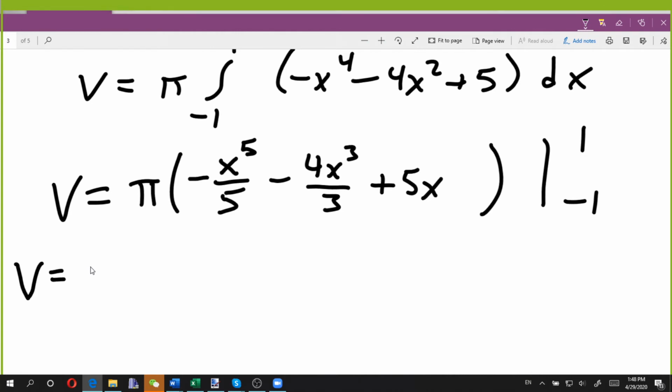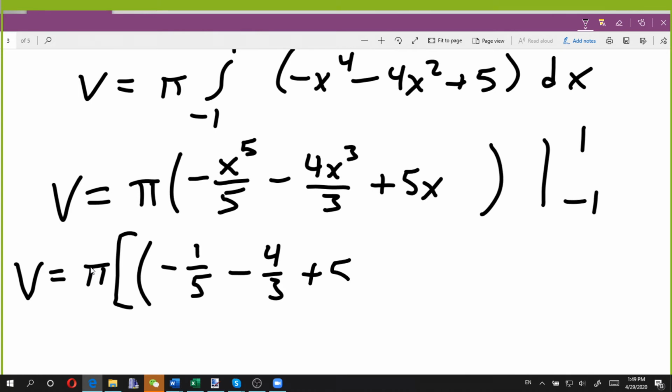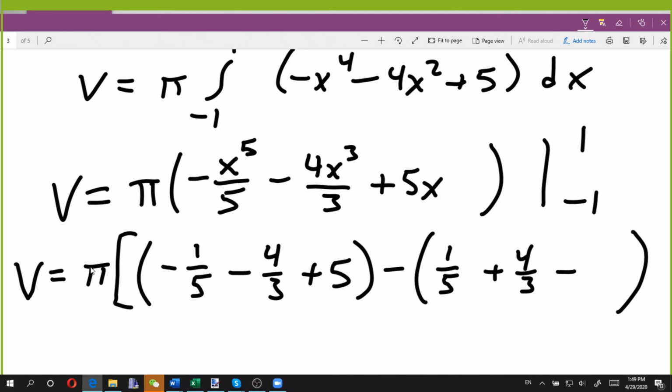So this will be pi times all of our upper bound, -1/5 minus 4/3 plus 5, minus our lower bound, which will be positive 1/5 plus 4/3 minus 5.